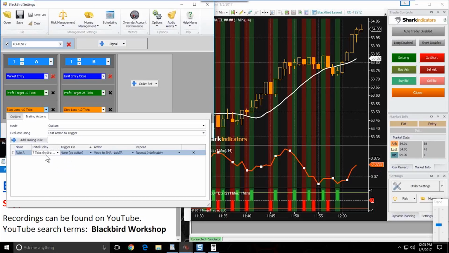Once you get 7 ticks in profit, the delay is ignored from that point on, and everything after it gets evaluated. So we're free to now look at the trigger or just do the actions.